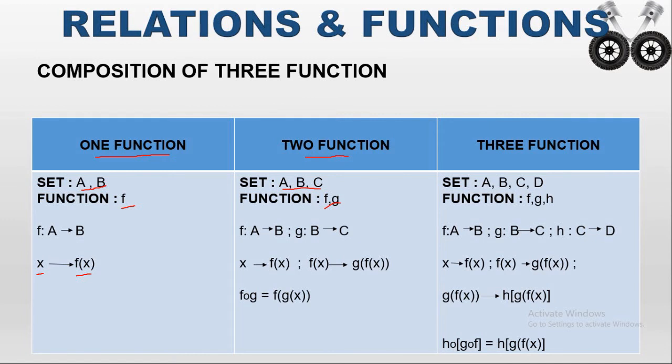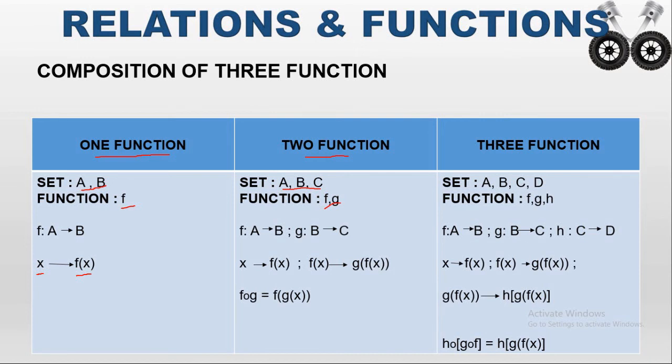An element in A can be written as X, then the element in B is F of X. So that is the image of X. Now the element in B is written as F of X. So B to C can be written as F of X to G of F of X. What is F of X?